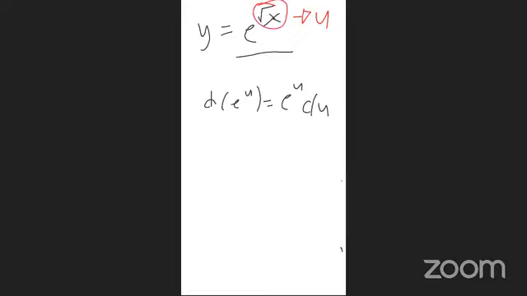So let's solve this one. y prime is equal to e raised to u, so we just copy it: e raised to square root of x times the derivative of u. What's the derivative of u?